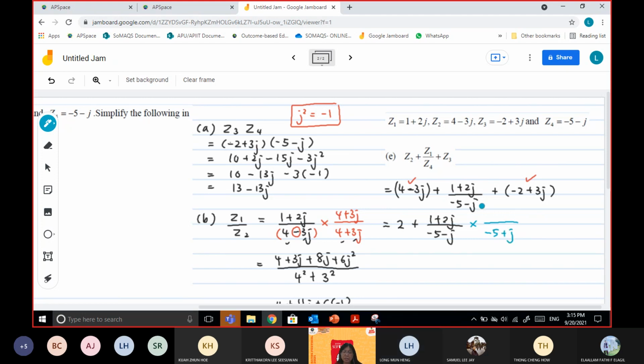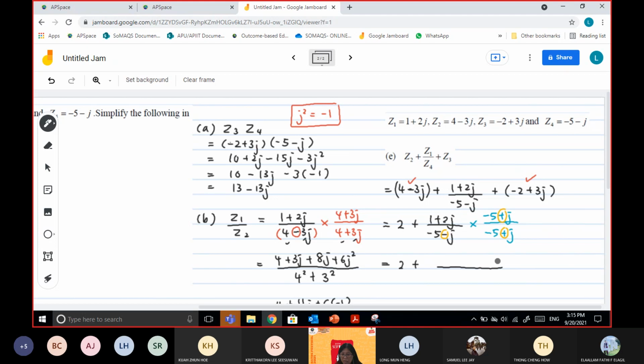Yes, correct. That means we just inverse the sign for the imaginary part. You are right, thank you. So we only inverse this sign. Then we just expand it as usual. So the 2 remains.